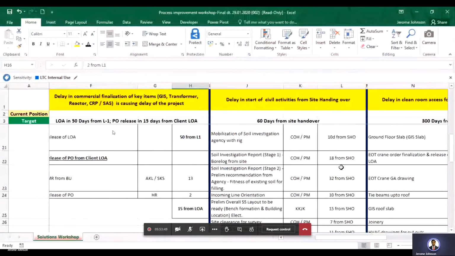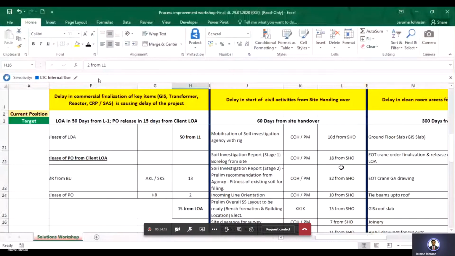A bunch of things came up on how to resolve this issue. For example, they said my survey got delayed because I could not mobilize the agent. Some calls are taken at country or business level, some at cluster level.